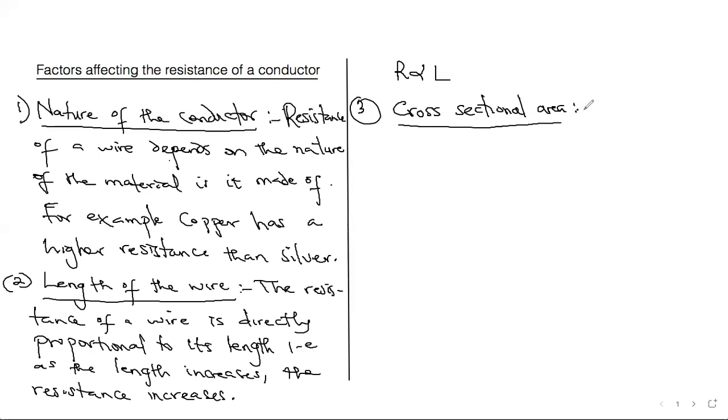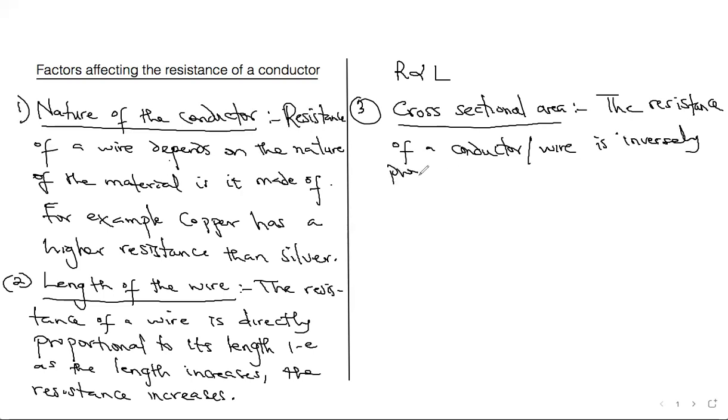The resistance of a conductor or a wire is inversely proportional to its cross-sectional area.